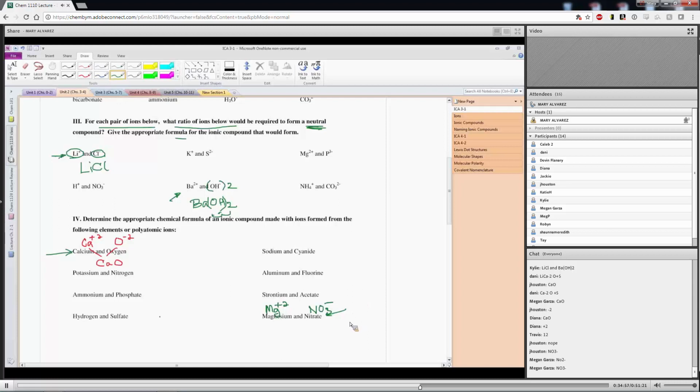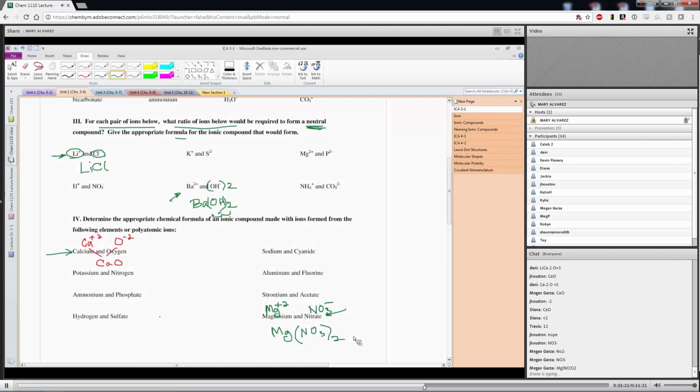So what is the best formula that I can get that will give me a neutral charge? Perfect, Megan. If I have 2 nitrates for every 1 magnesium, that should give me a neutral compound.